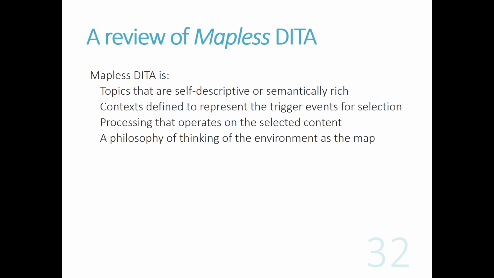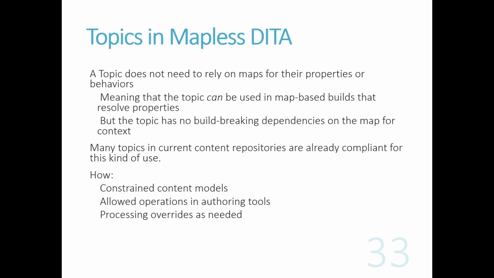A topic in Mapless Data, again, because this is a review, I'll just go quickly through it, it's the properties that are in it that allow it to move beyond the map-based builds to contextually based lookup on the topic.